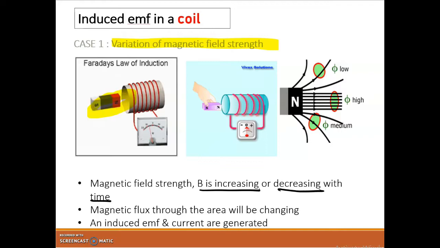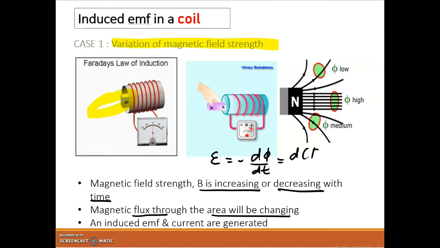So when B is changing, the magnetic flux through the area is also changing. Based on the formula, induced EMF is equal to negative d flux over dt, where flux is BA. So when B is changing, the magnetic flux is changing, and the induced EMF and current are generated.